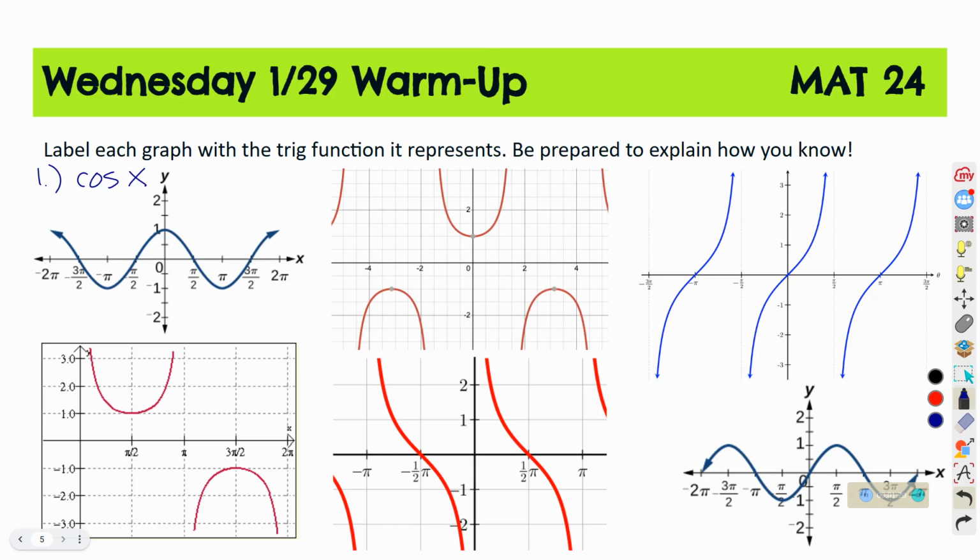Excellent. Next one, number 2. We'll move to the next table. Omar, what is number 2? Omar's vote is for secant. Can somebody other than Omar at Omar's table tell me why that's secant? Alexis or Arlene?